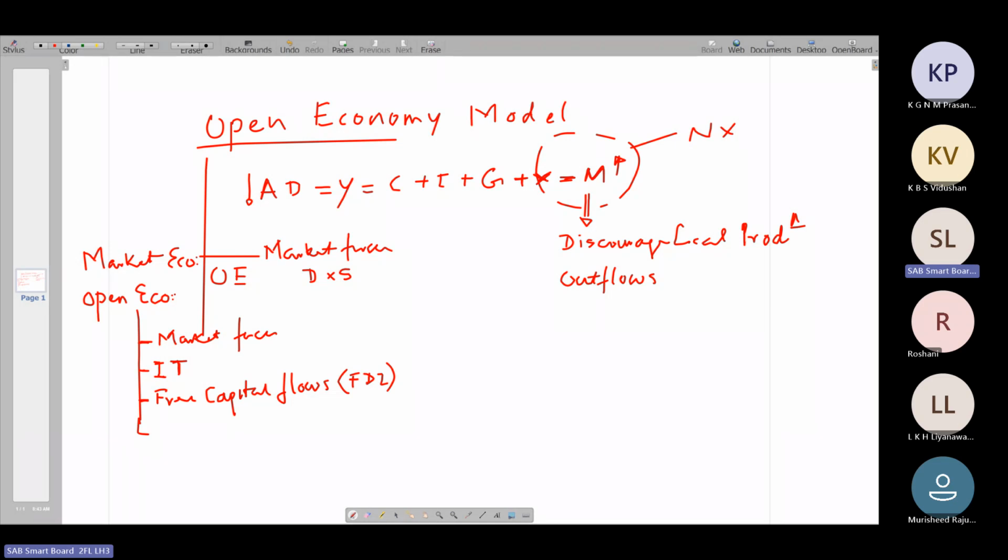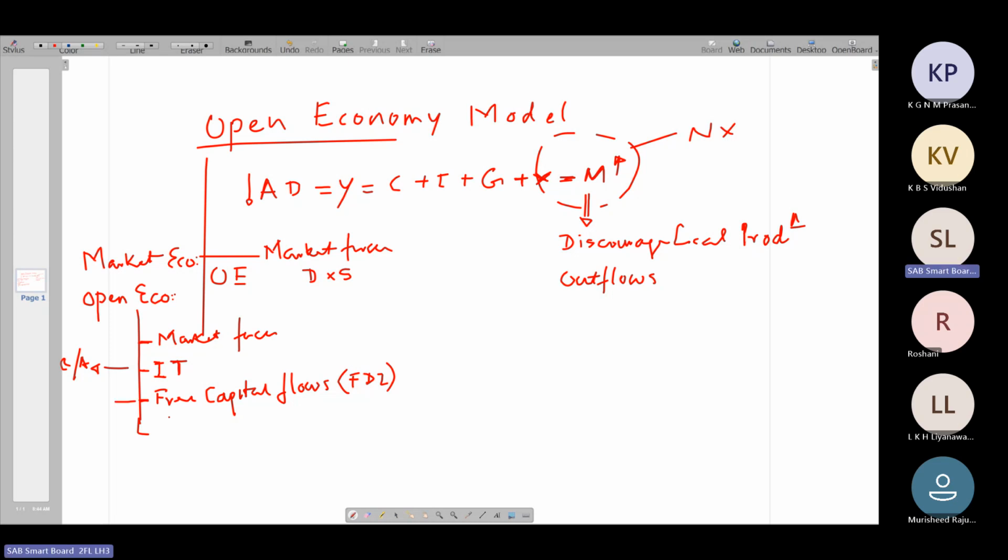So in open economy situations, international trade is encouraged without government intervention, under market forces, and there are free capital flows, with no restriction on capital inflows and outflows. In other words, international trade is the current account of the BOP, and that is liberal.